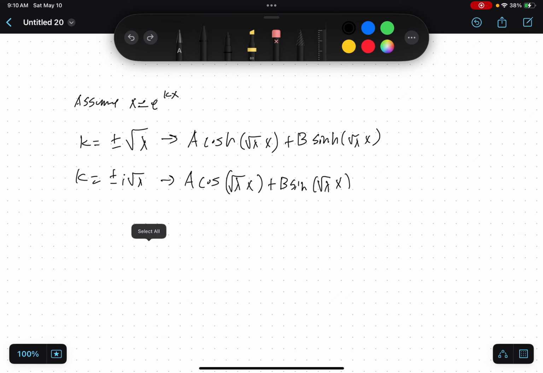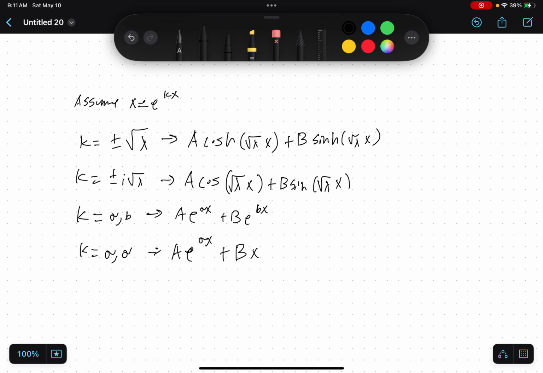And lastly, if we get k equals two different numbers, or even the same number twice, I'll write that down too, I guess. But let's first assume it's just two different numbers. The solution will be in the form of a e to the ax plus b e to the bx. And if we get k equals a comma a, so two of the same ones, we'll have a e to the ax plus b x e to the ax. I think that's right.